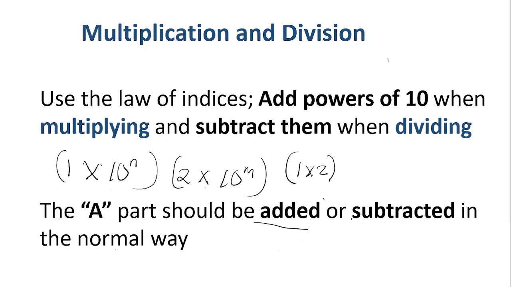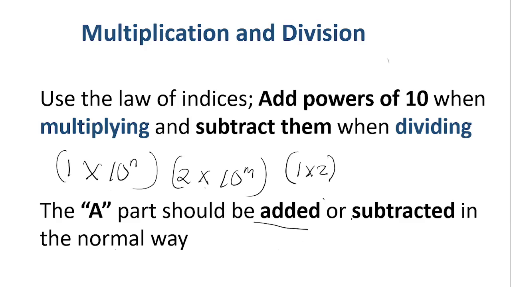But the a part should be multiplied the normal way. So 1 multiplied by 2, which is this number here and that number here, then times 10 to the power n plus m. That's what we are saying when you are multiplying.